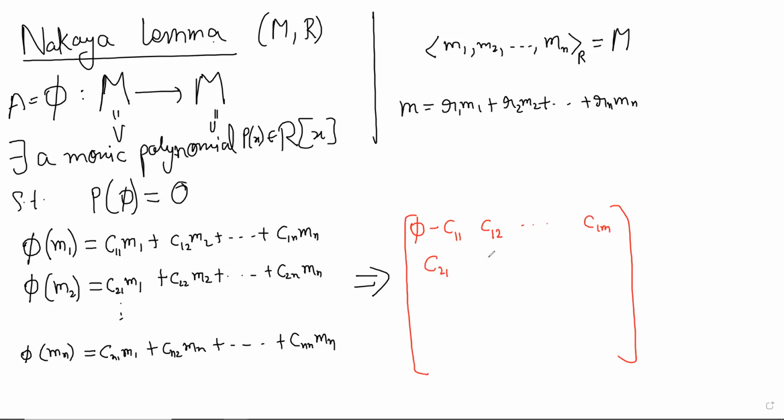C21, and this is phi minus C22. And this is C21. And again, in the third row, C32, and here it will be phi minus C33 and C3n. And it goes on and on. And the final row will be phi minus Cn.